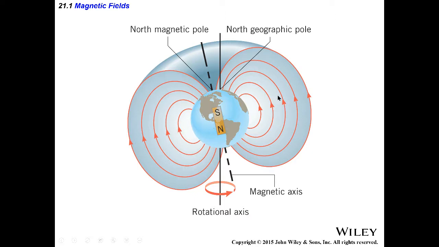And here I just want to mention something. In China, the word for compass is the needle that points south. The needle that points south. You know why? It all has to do with geography.